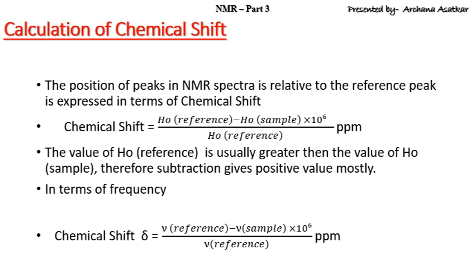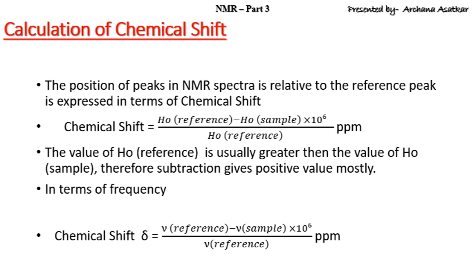So now we will calculate the chemical shift by using a formula. The position of peaks in the NMR spectrum is relative to the reference peak and is expressed in terms of chemical shift. The formula is: chemical shift equals H0 reference minus H0 sample, multiplied by 10 to the power 6, divided by H0 reference, in ppm, where H0 is the magnetic field.